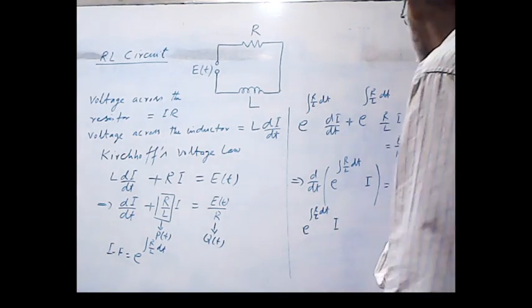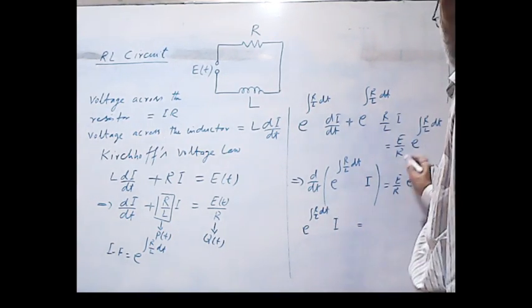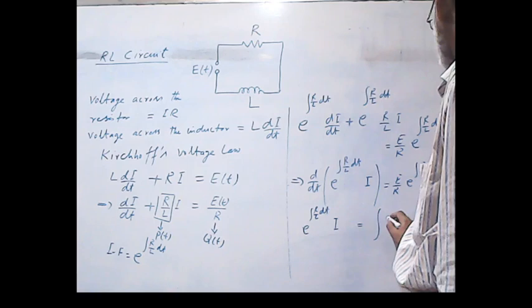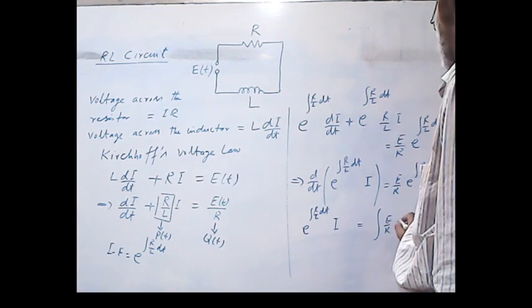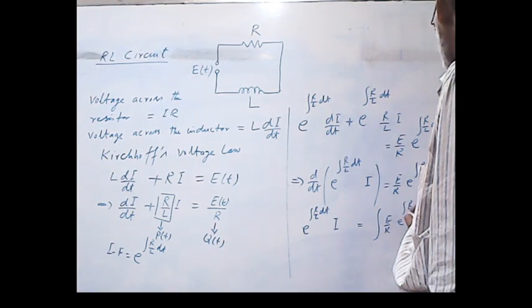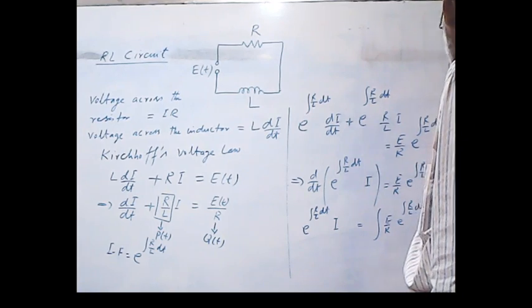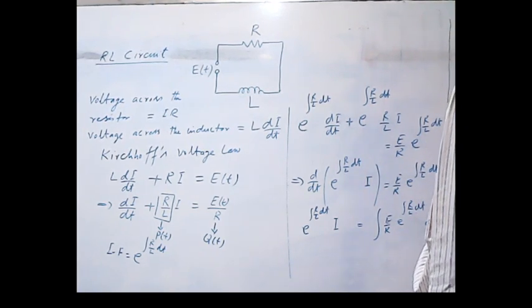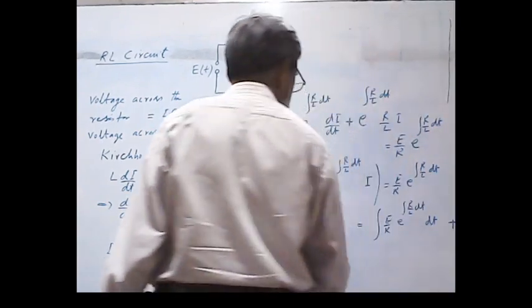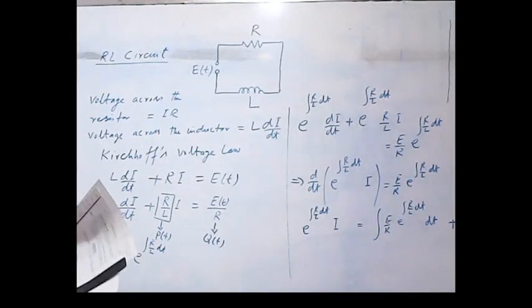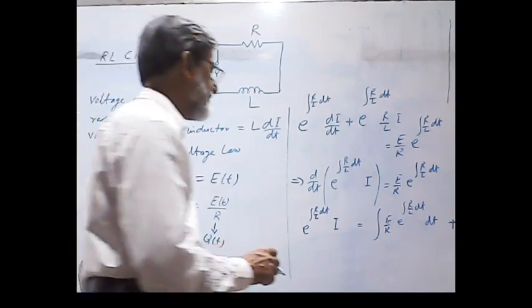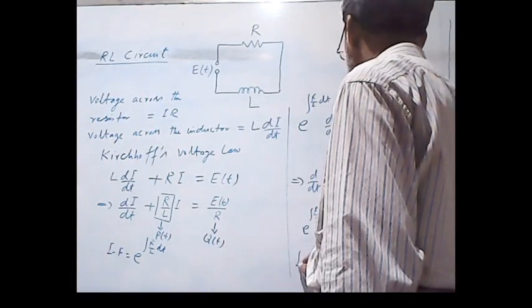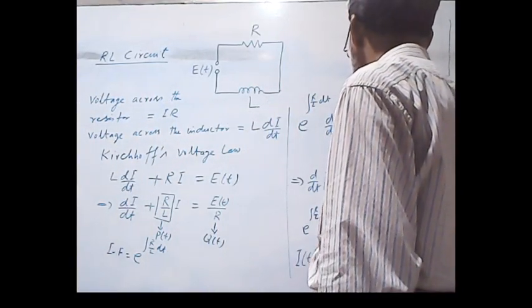Then the equation is separable in variables, and the solution becomes e to the power R upon L t times I, and then the integral of this E upon L e to the power R upon L dt plus a constant of integration, and then you can find the current at any time t.